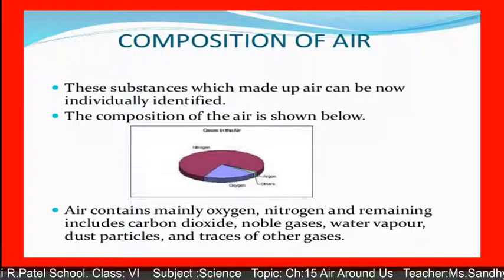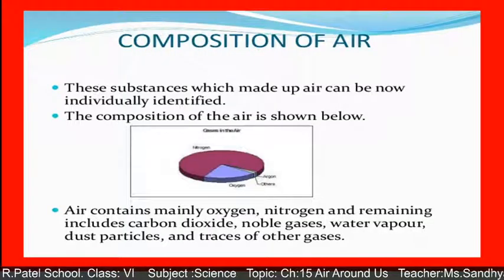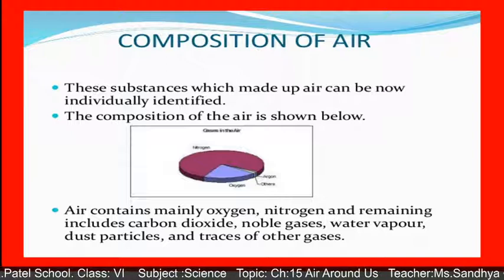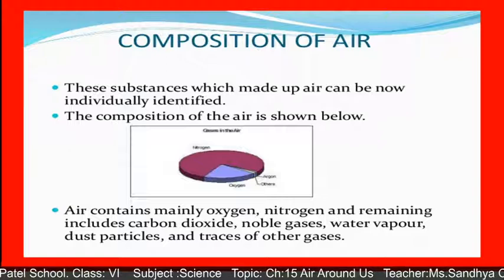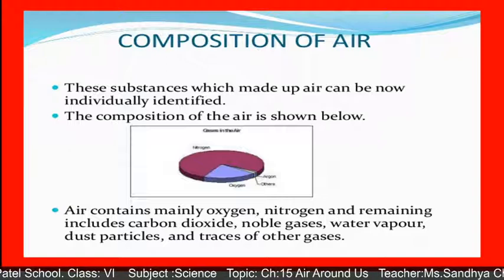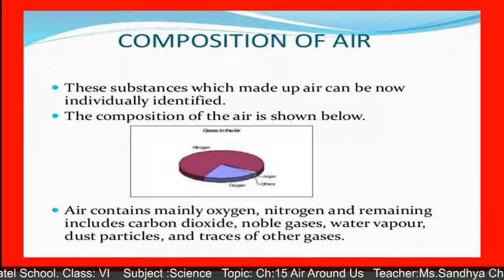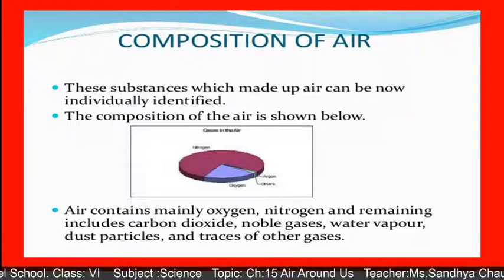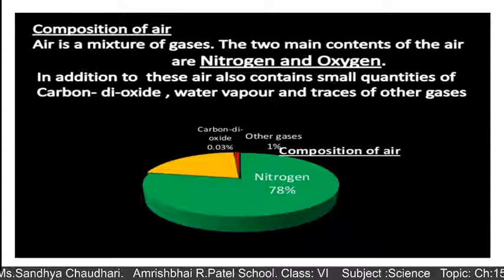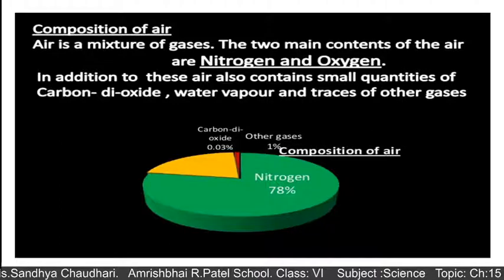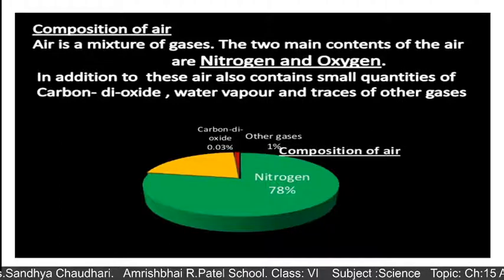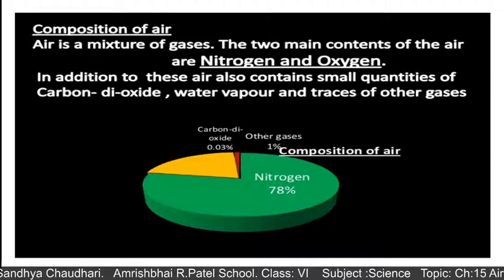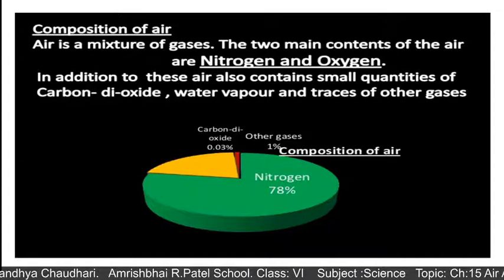So, composition of air: we can see air contains mainly oxygen, nitrogen, and the remaining includes carbon dioxide, noble gases, water vapor, dust particles, and traces of other gases. So in the composition of air, which is a mixture of gases, nitrogen and oxygen are the major components, the two main contents of the air.